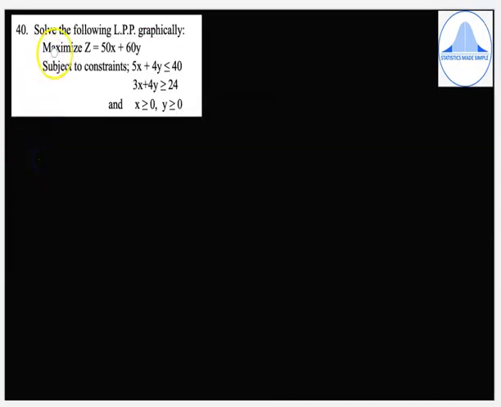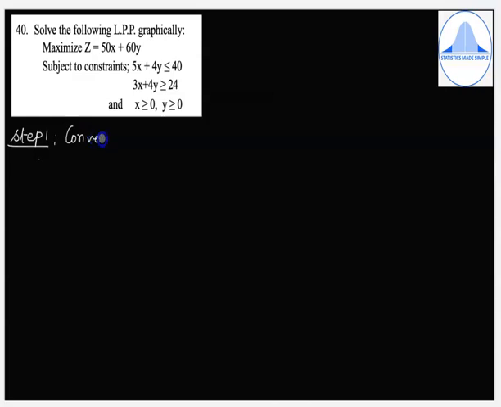40th question. Solve the following LPP graphically. Maximize Z equal to 50x plus 60y subject to the constraints 5x plus 4y less than or equal to 40, 3x plus 4y greater than or equal to 24, and the non-negativity restriction, that is x and y both are greater than or equal to 0. So let's start with step 1.